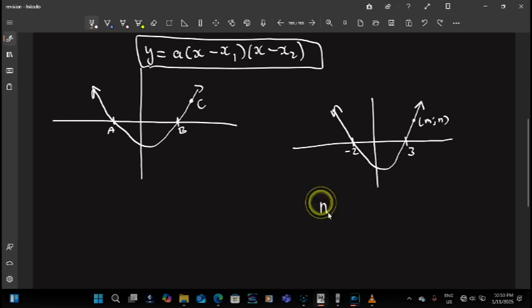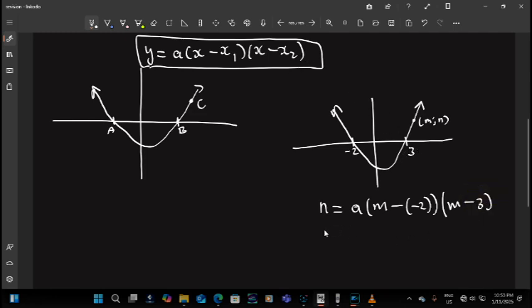So you're going to put n here is equal to a into x. Where there's x, you put m, because it's the x value of this point. You put m minus x1. x1 will be this point, so it will be minus negative 2, and then here, for this x, you will put m again, minus x2, which is positive 3.